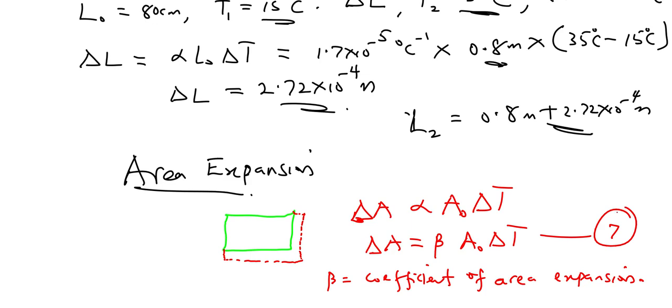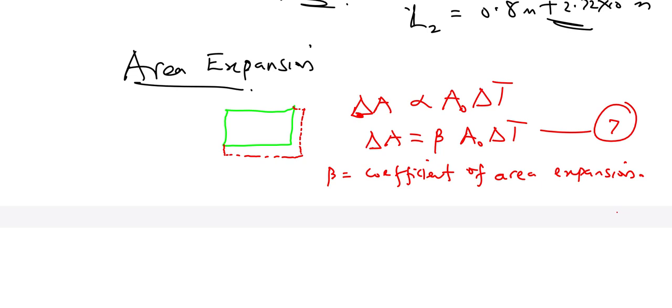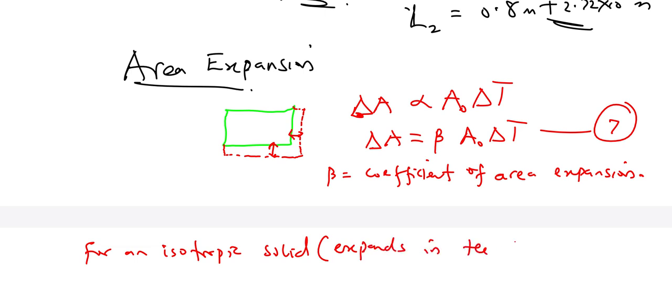Now, if an object is an isotropic solid, what does that mean? It means it expands equally in all directions. So for an isotropic solid, it expands in the same way in all directions.